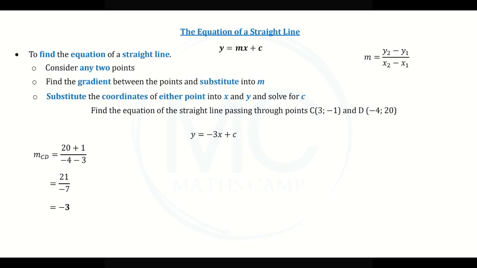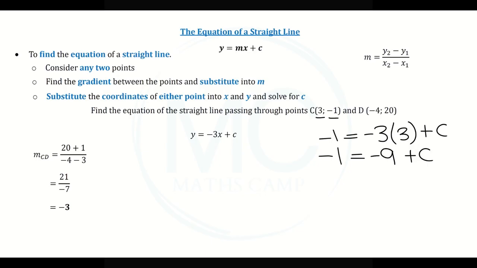Now we can say the y coordinate, negative 1, is equal to m, which we know is negative 3, multiplied by the x coordinate, which is 3, plus c. Now we can expand our brackets, and we have negative 1 is equal to negative 3 multiplied by positive 3, which gives us negative 9, plus c.